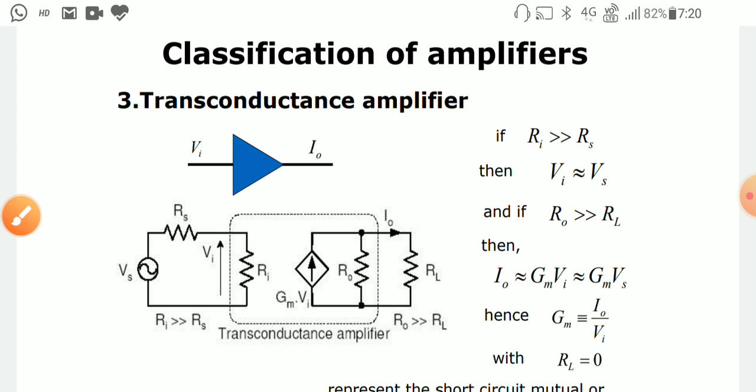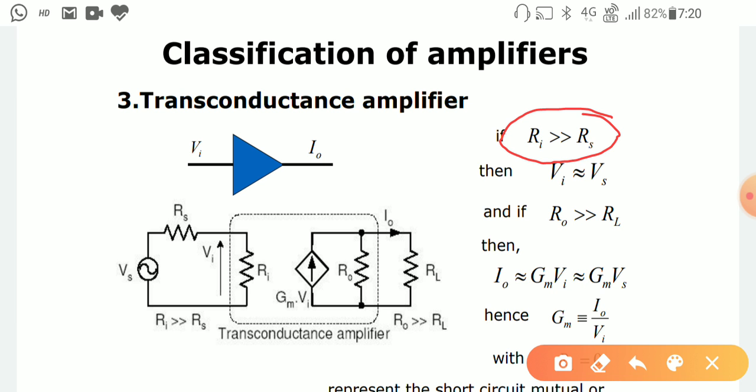So here the conditions you have to apply for the input and output sides are: on the input side, Ri should be very much greater than the value of Rs, and on the output side the condition will be R0 much greater than the value of RL, that is, if RL is less, it will work as a short circuit form.